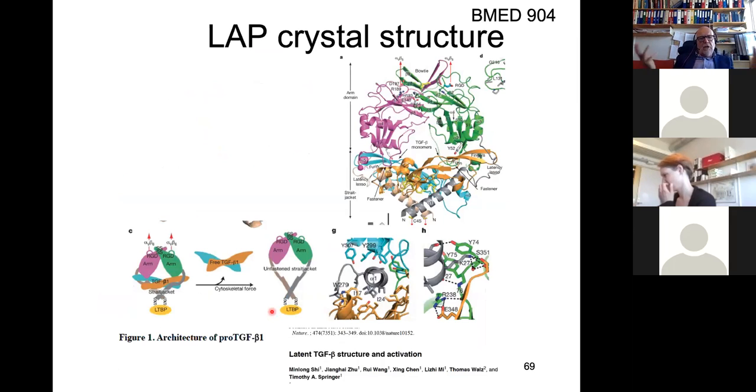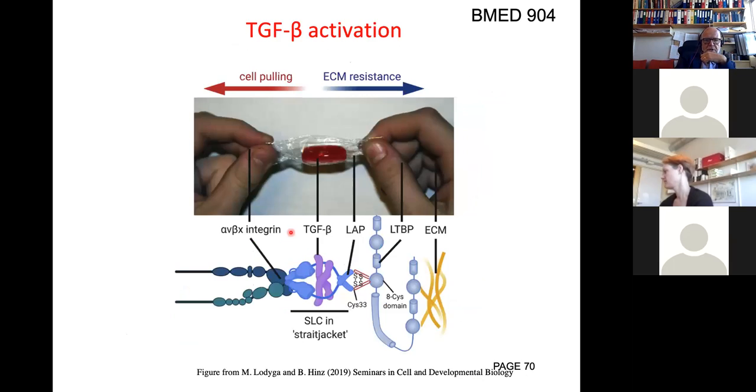The final confirmation that this is indeed the case came with a crystal structure from Timothy Springer's lab a few years ago, showing that TGF beta is hidden within LAP, and when you open it up, it is freed from this.